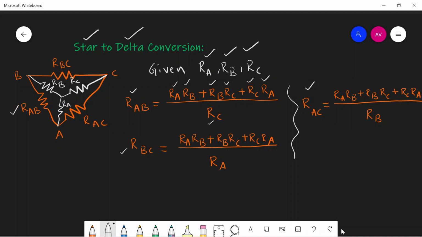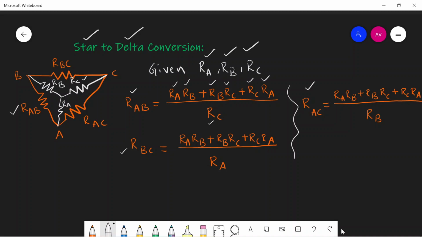Rab equal to multiplication of two resistors at a time, Ra into Rb plus Rb into Rc plus Rc into Ra, divided by opposite resistance, that is Rc.